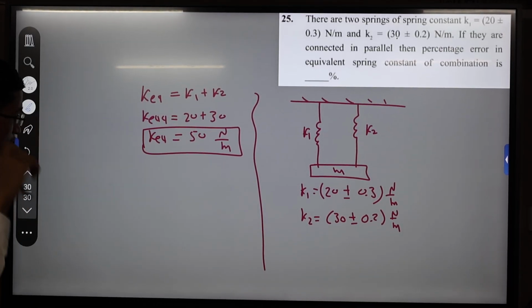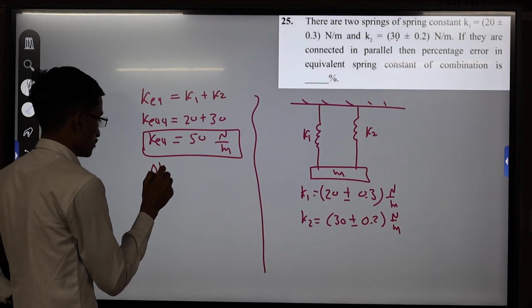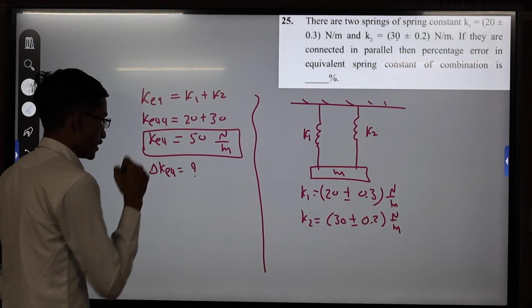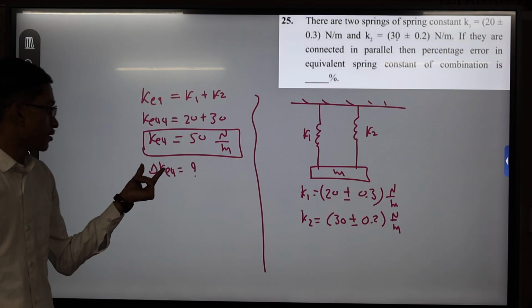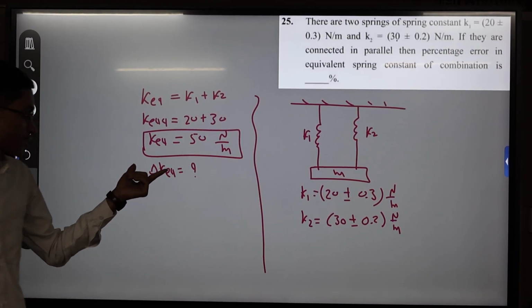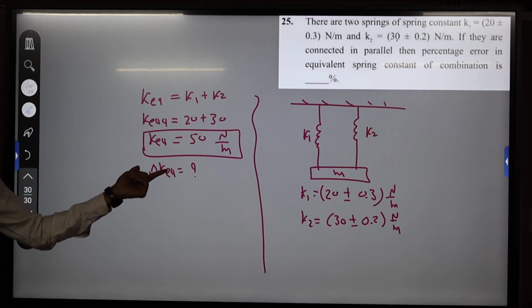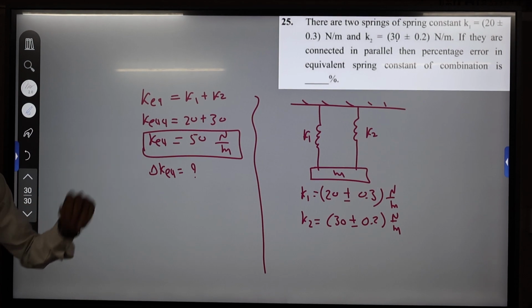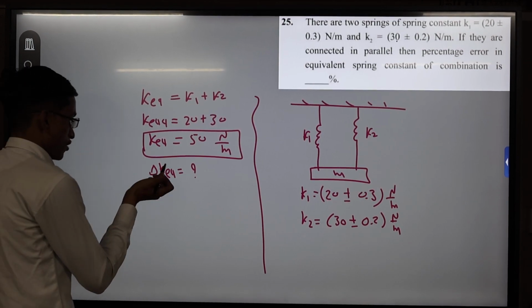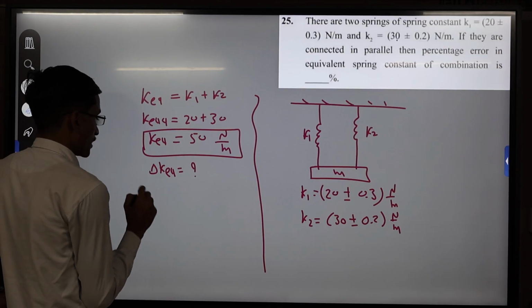Now, with the data of delta K, we can measure the percentage error in K equivalent by delta K equivalent upon K equivalent into 100. So now we have to find K equivalent and delta K equivalent.